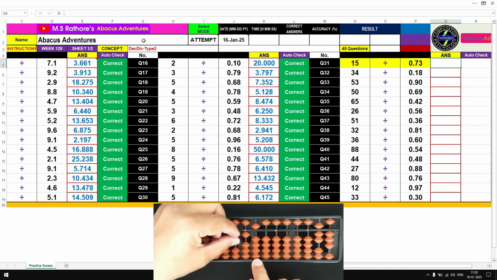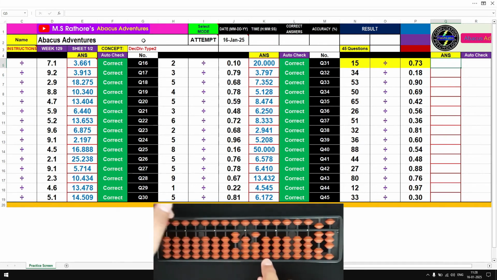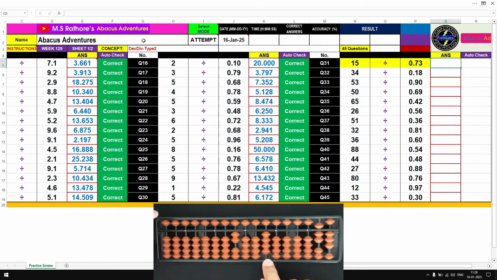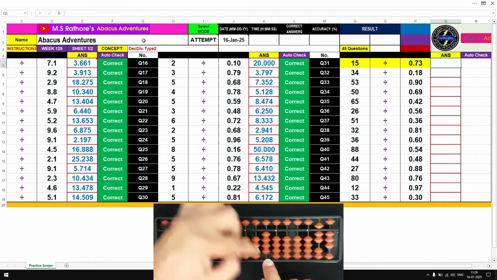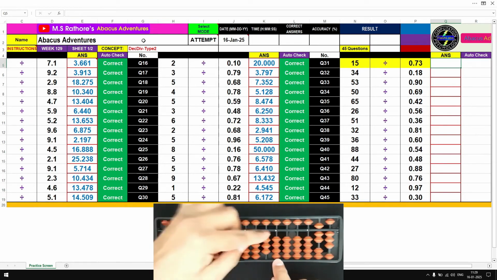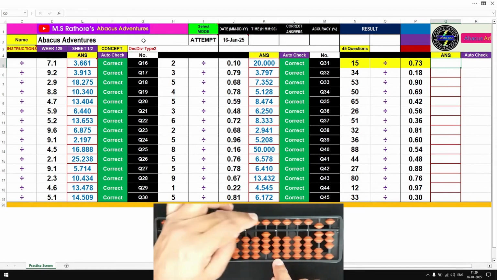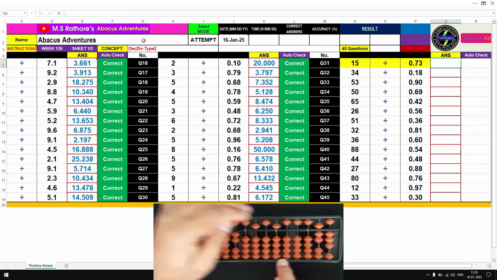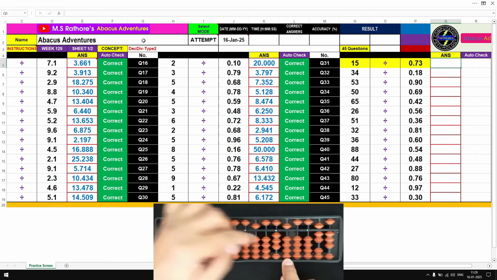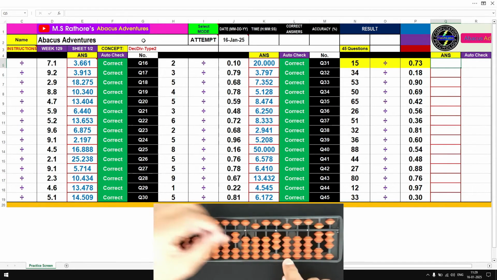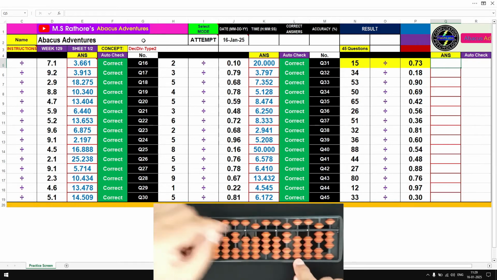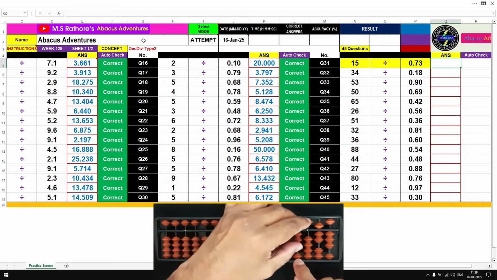7 2s are 14, shifted. 3 2s are 6, new number is 4. 7 zeros are 0, shifted. 3 zeros are 0, new number is 40. 7 5s are 35, shifted. 3 5s are 15, new value is 35. 7 4s are 28, shifted. 3 4s are 12.